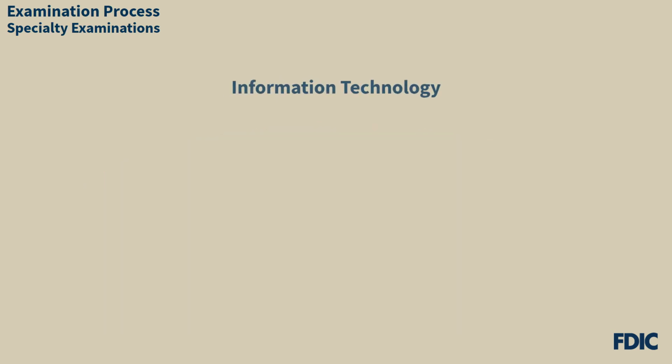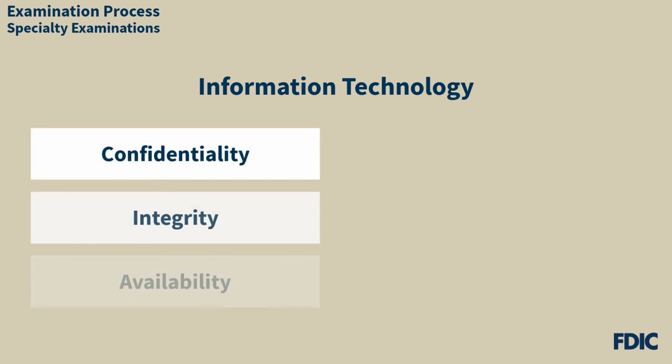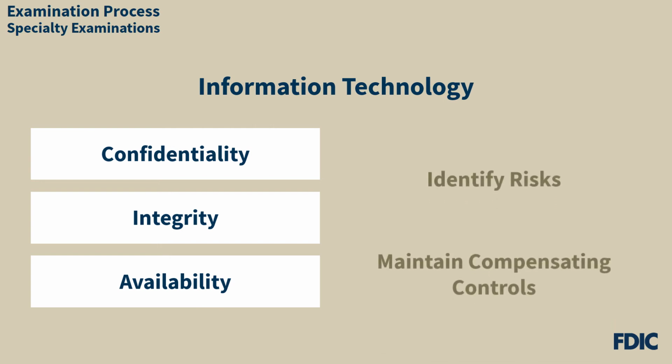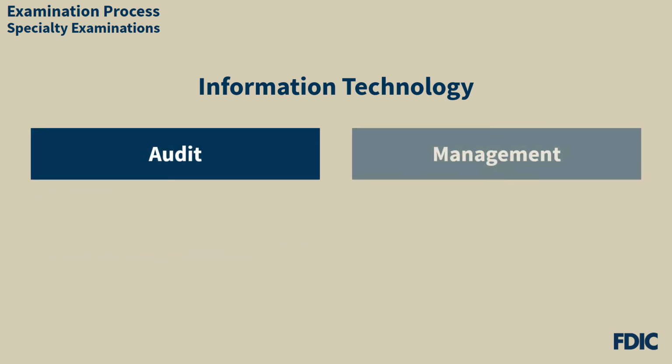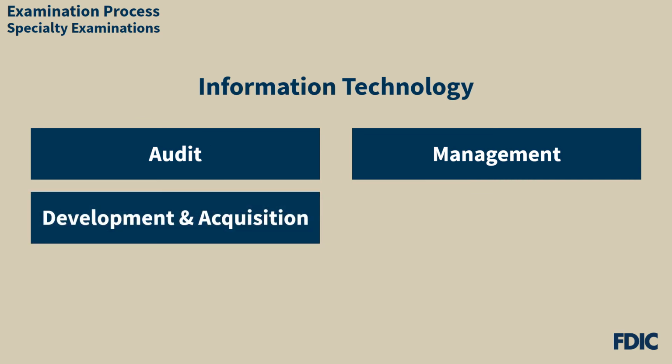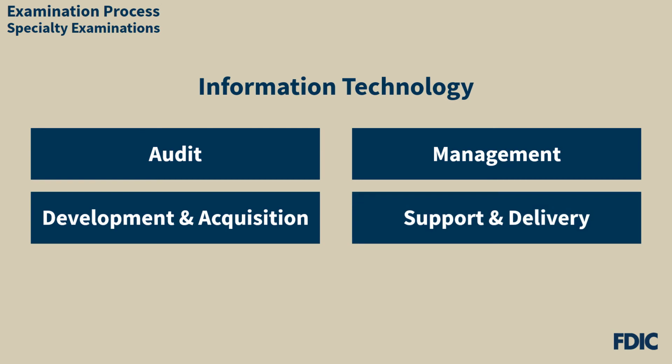We conduct information technology or IT examinations to determine the confidentiality, integrity, and availability of records produced by automated systems. We do this through an evaluation of management's ability to identify risks and maintain appropriate compensating controls. 4 components are reviewed during an IT examination: audit, management, which includes board oversight of this area, development and acquisition, which refers to a bank's ability to identify, acquire, install, and maintain necessary IT system solutions, and support and delivery, which is an organization's ability to provide technology services in a secure environment.